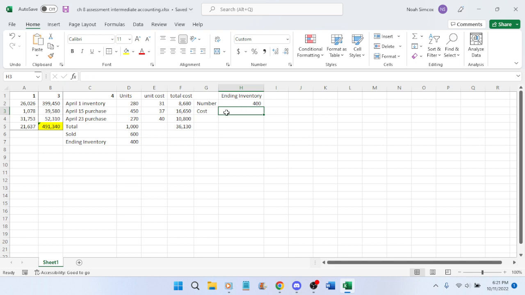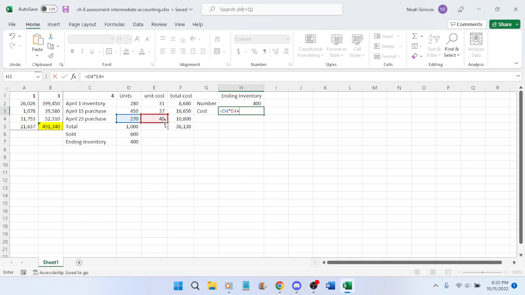The cost is going to be equal to, they sold 600. Now ending inventory, we need to figure out the 400 units, and for FIFO, you start at the end and go back. So basically, it equals 270 times 40 plus, you know what's funny? This times this plus.